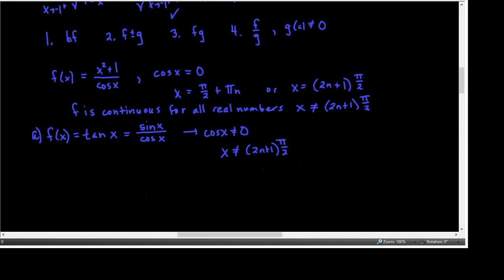And so that means that f is continuous everywhere except at odd multiples of pi over 2. So it's continuous for all reals such that x is not equal to an odd multiple of pi over 2.